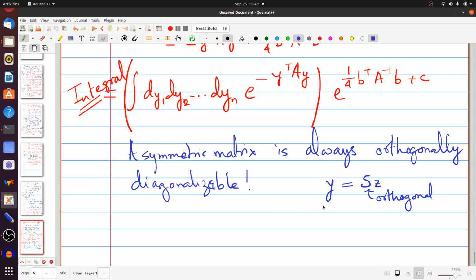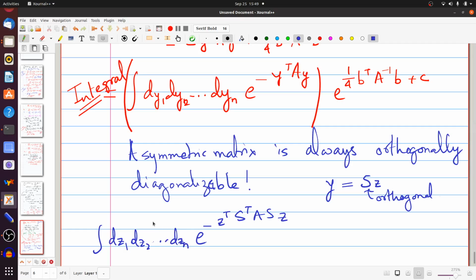Then y transpose will be z transpose S transpose, and so the exponent here will be e to the minus z transpose S transpose A S z. So that's what this e to the minus y transpose A y will become. And what will happen here is, of course, the measure will have to change to dz1, dz2, dzn.